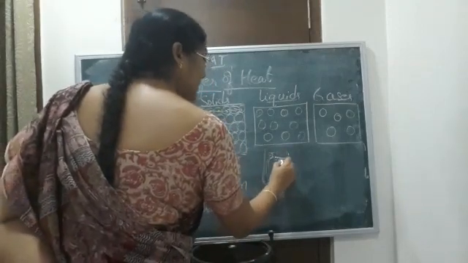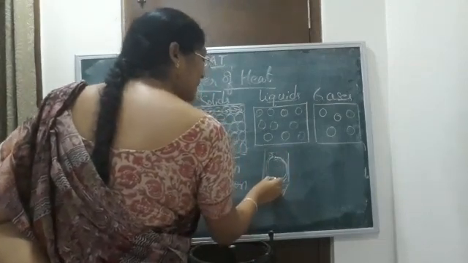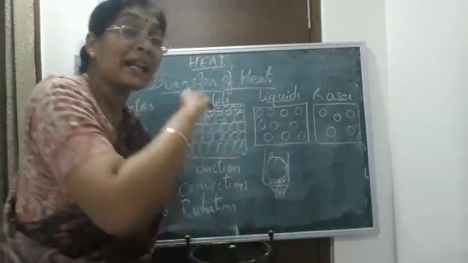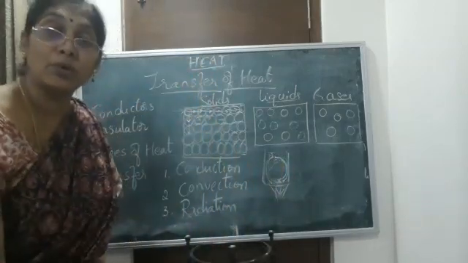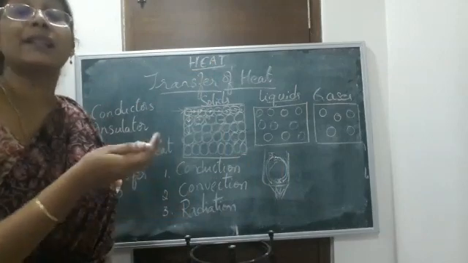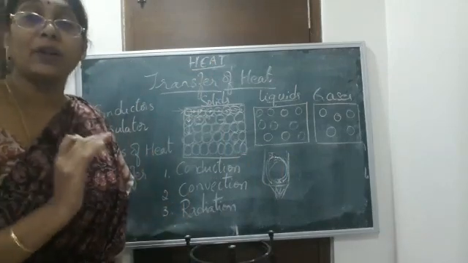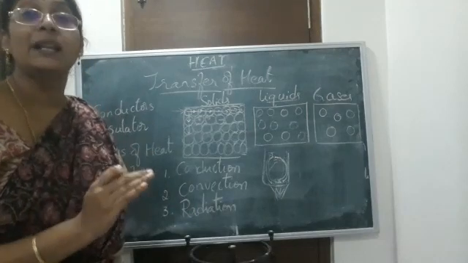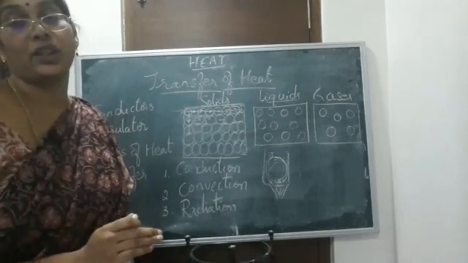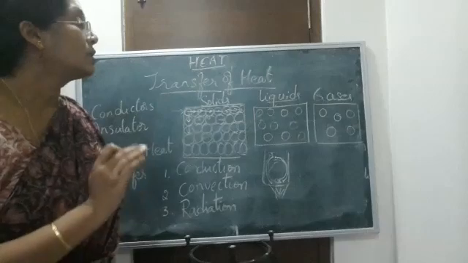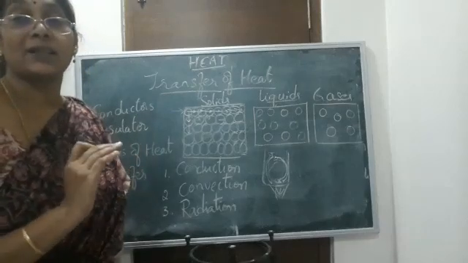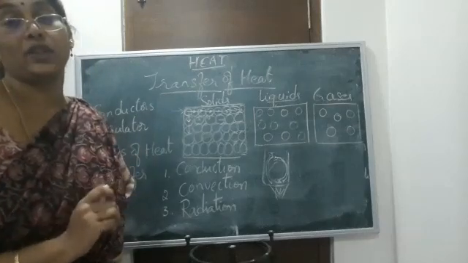Then the next molecule comes down, receives heat and goes up. That means the molecules move to the source of heat, receive the heat, and then move up. This is how transfer of heat takes place in liquids, that is by convection. In both liquids and gases, transfer of heat takes place by convection.